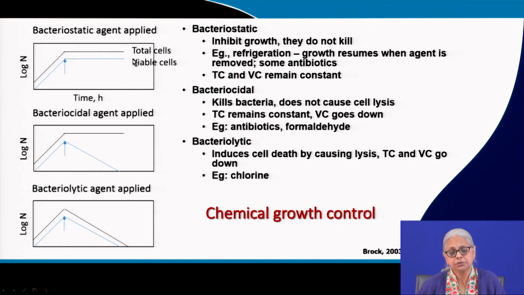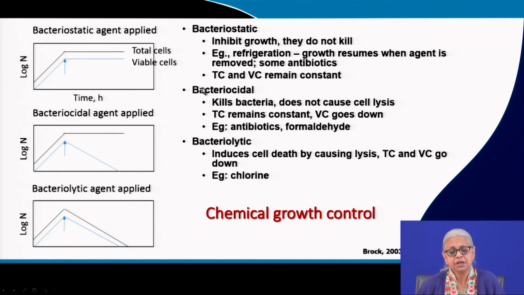So the cell concentration will be constant, viable cells will remain constant, total cells will also remain constant because there is no death for the cells. It will inhibit growth, but they will not die, and therefore you get these types of curves.